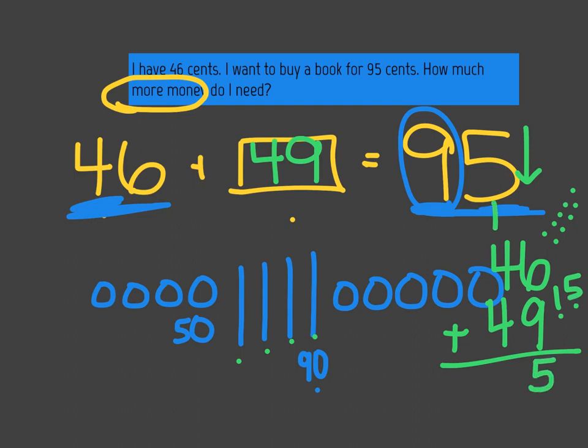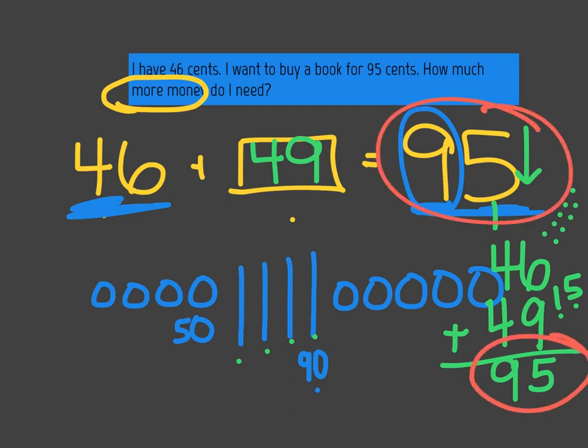The 1 is in the tens place, I carry it on top. 4 plus 4 is 8, plus 1 more is 9. I get a 9 in my tens place, and here I have 95, and here I have 95. So my math was correct. Okay, so here's my proof here in my equation that I was able to find the correct number.